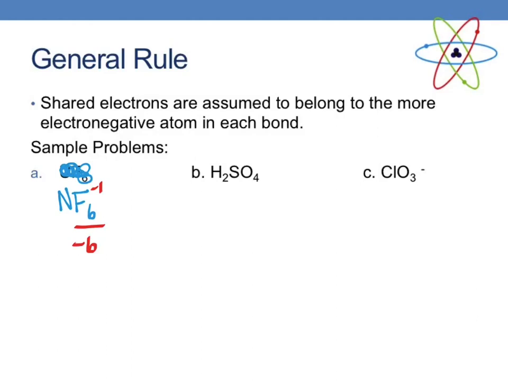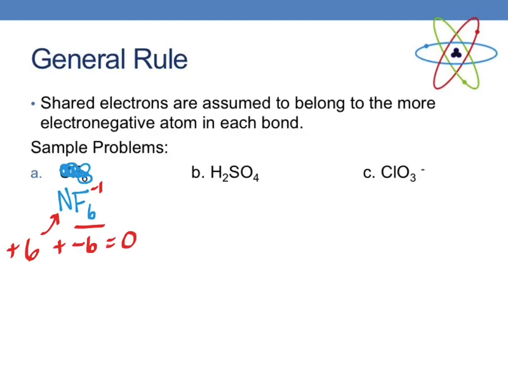So if the total has to equal 0, what does nitrogen's oxidation number have to be to get me to 0? A +6. Remember, when we're naming these compounds, we don't care about charges, because we're sharing electrons. That is what this is showing me, how we're sharing those electrons. All right?